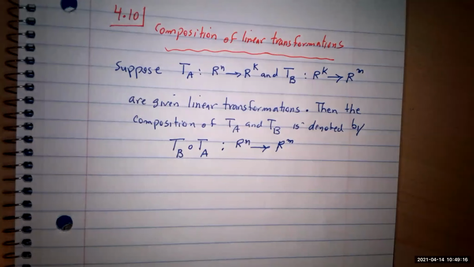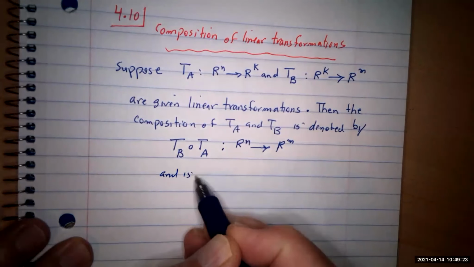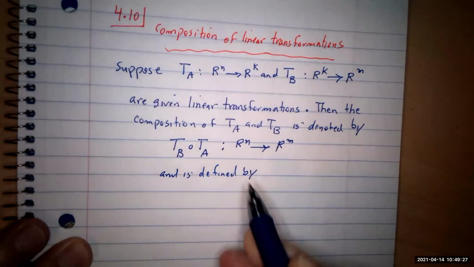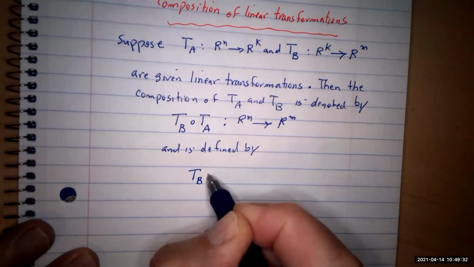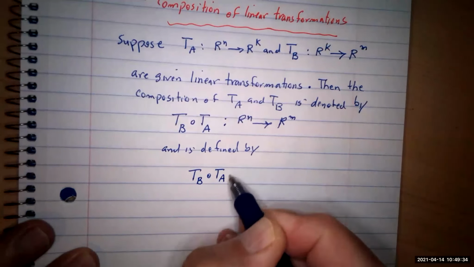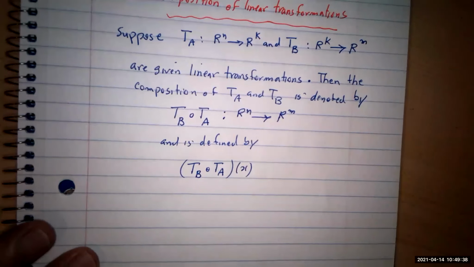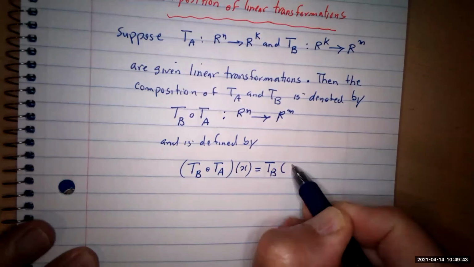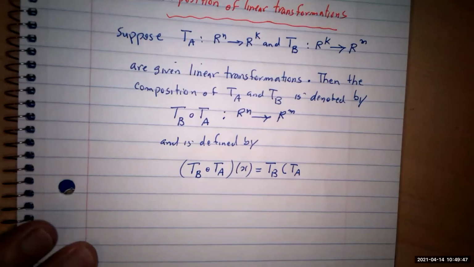So it's going to be denoted by this and defined like the definition of a composition function. TB ∘ TA, if you want to find it at x, remember the inside function first, then the outside function: TB of TA of x.